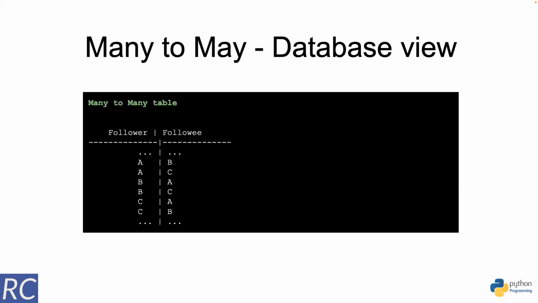Can I follow the same user twice? No. Even if I follow the same user twice, how does it help? It only confuses the system and nothing else. So I can only follow a user once. I can unfollow the user and then follow the user again, but I cannot follow and then again follow and then again follow.